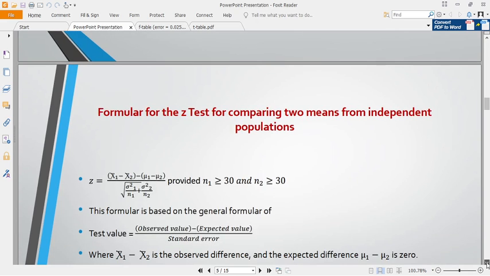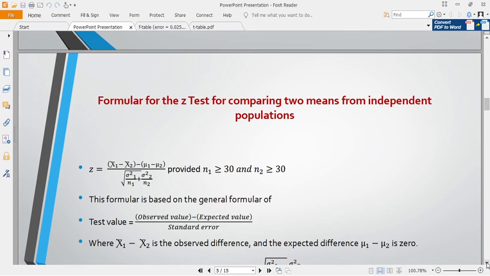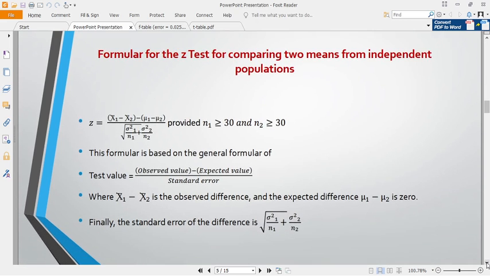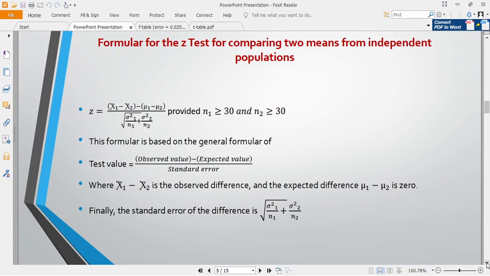So the formula for the Z test when comparing two means, remember when n is greater or equal to 30, we use the Z test. The standard formula for our test value, or Z value, is the observed value minus the expected value over the standard error.